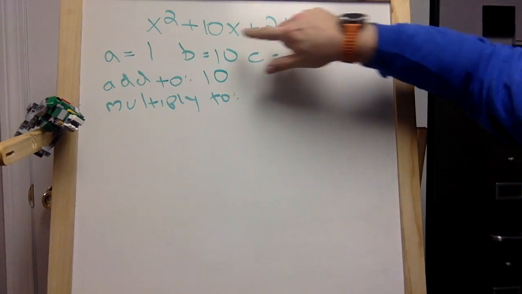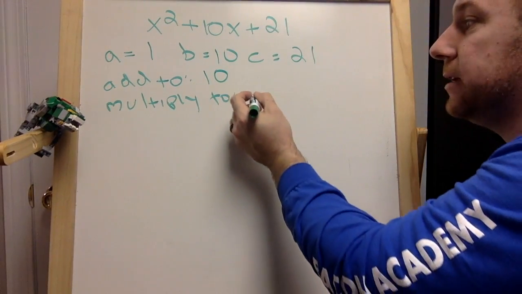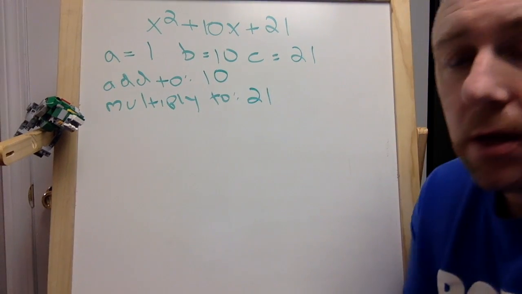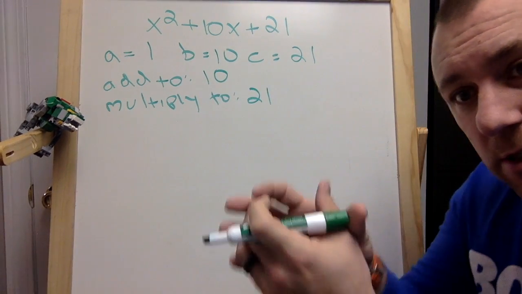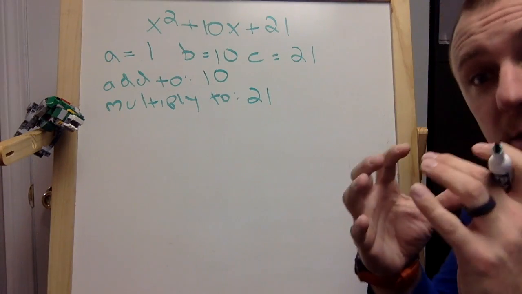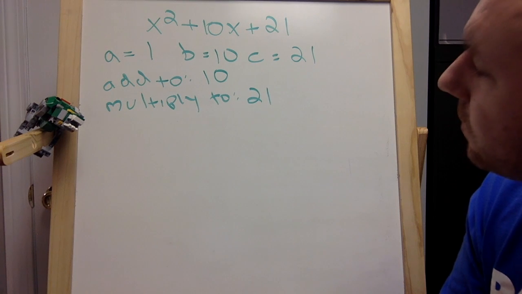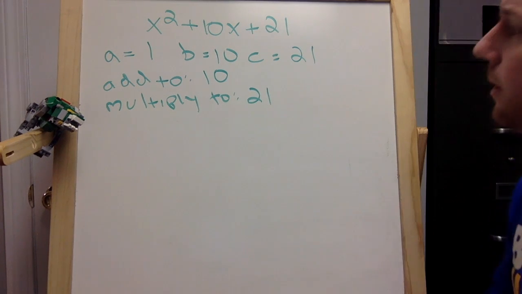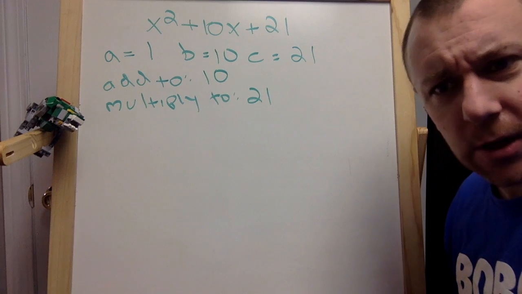So it adds to that b term, but multiplies to 21. So we're looking for it to spread this out into 4 terms, so then we can condense it into the 2 parentheses. So what we do to do this is the first step, and it gets easier over time.